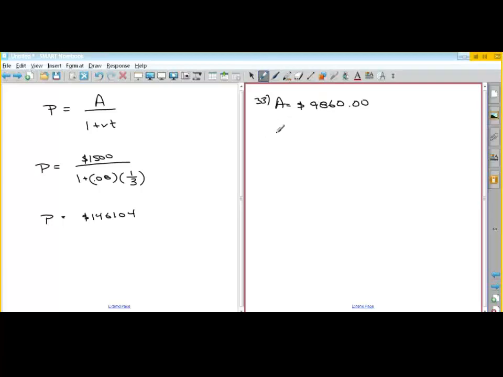It says we have 8% semi-annually for 10 years. So that's not 10, it's 20, because N is, so 10 years, T is 10. So we'll put T in here. T is 10, so N is these two multiplied together, which is 20.